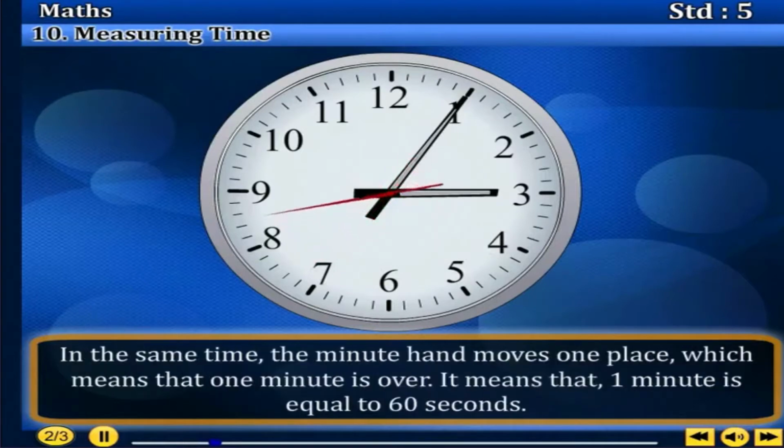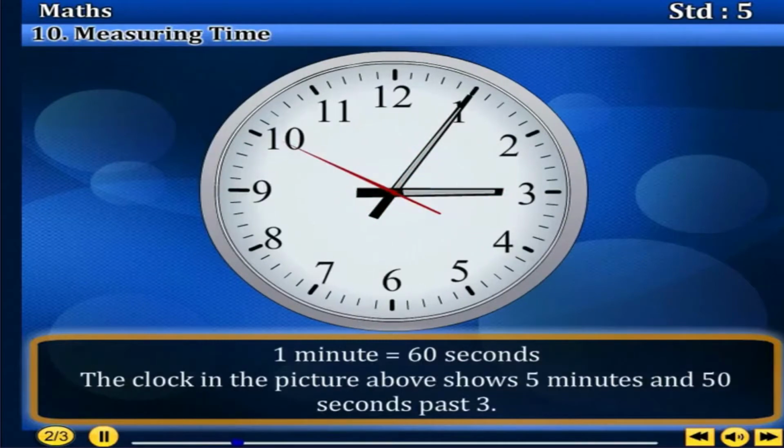In the same time, the minute hand moves one place, which means that 1 minute is over. It means that 1 minute is equal to 60 seconds. The clock in the picture above shows 5 minutes and 50 seconds past 3.